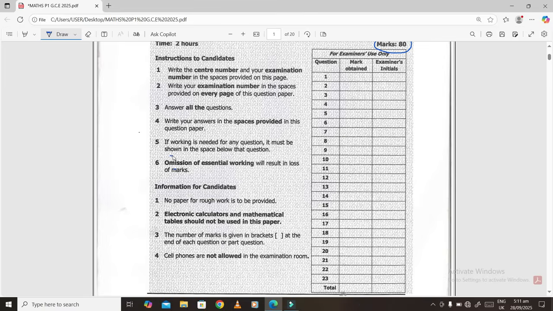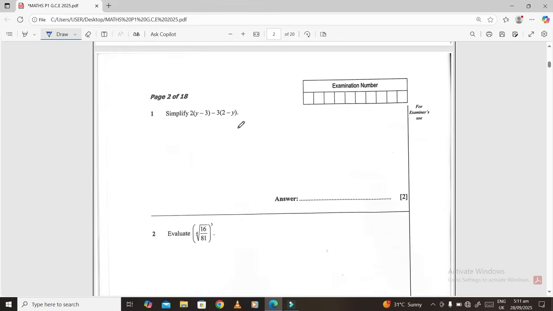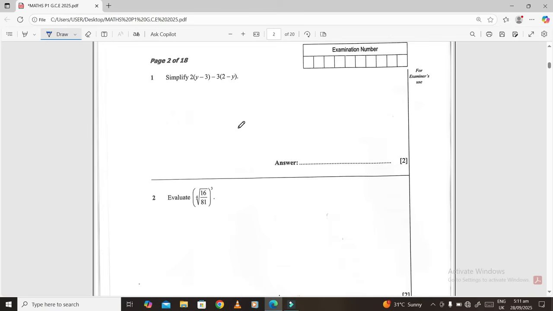This one. Number 6 is also important. You may fail or you may not get the marks that you're supposed to get in paper 1 because of that instruction. So when you're given this paper, there will always be a question to do with simplification.